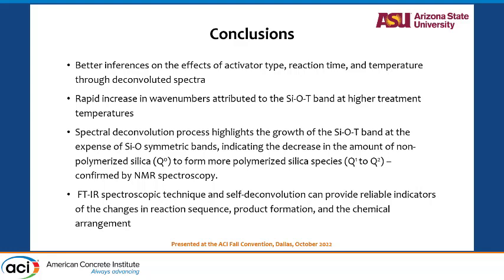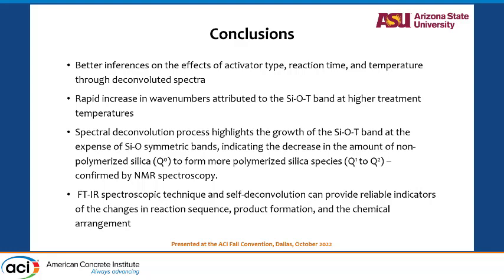Now, if you're doing it initially, it's always a good idea to calibrate it with NMR spectroscopy to actually see that, yes, whatever reactions I'm predicting, I'm actually seeing in the form of Q1, Q2, Q3 structures, from non-polymerized silica to polymerized silica.